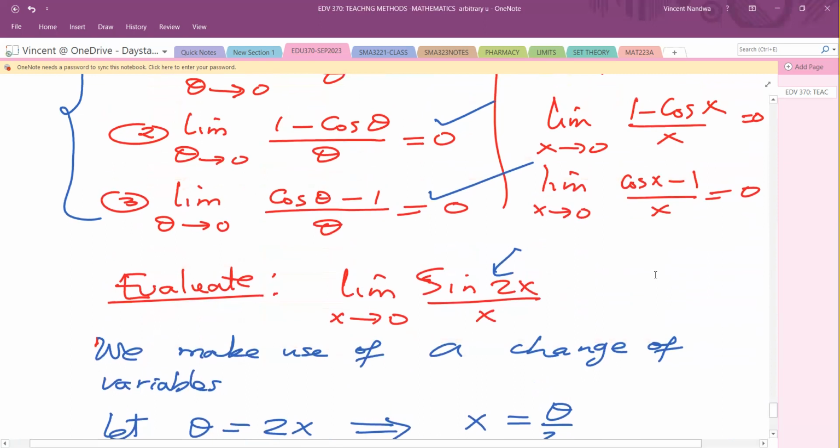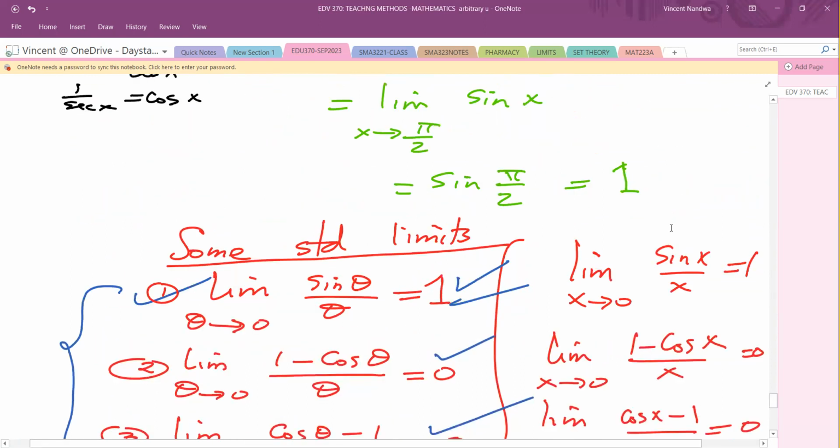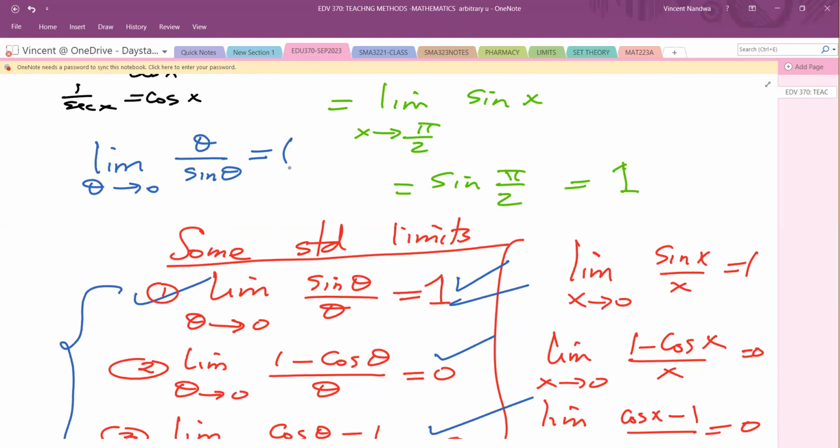You see the same way we gave the two expressions for cosine, you can also add another one for sine, still with the limit as theta approaches 0. If you put theta on top and sine theta below, it is still 1. Even using sine theta over sine theta, if theta is approaching 0, it is still 1.